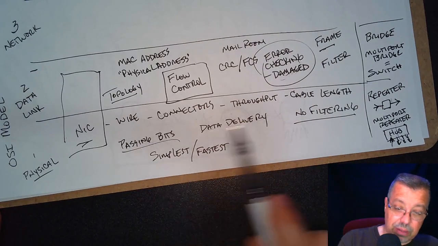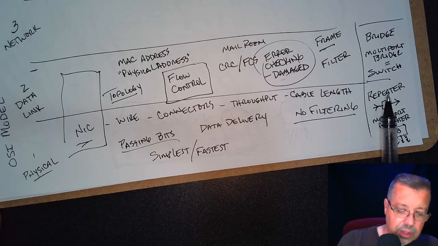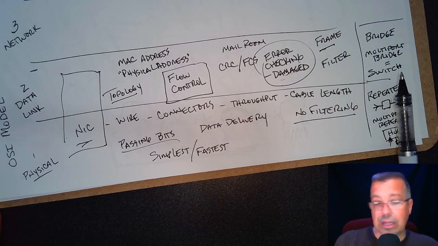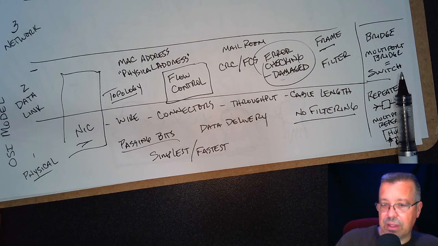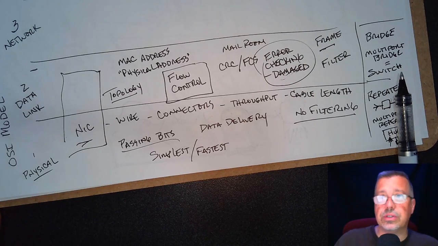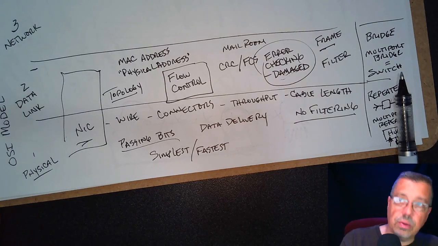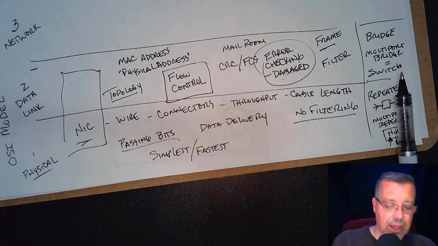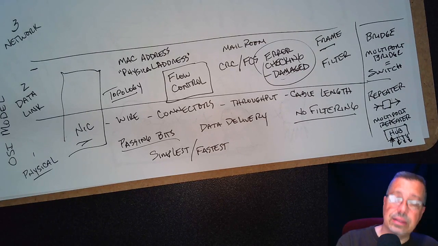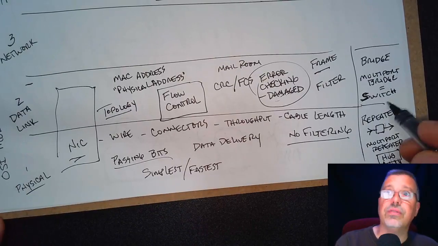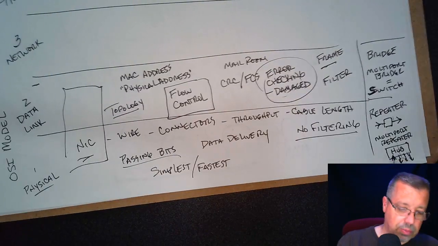But today, almost everything is a switch, and the switch that I have in my office is an 8-port gigabit switch, and I probably paid $17 or $20 for it. So the devices are not very expensive now, and basically everything that we use is going to be a switch, even if it's really simple and we have a very small network.